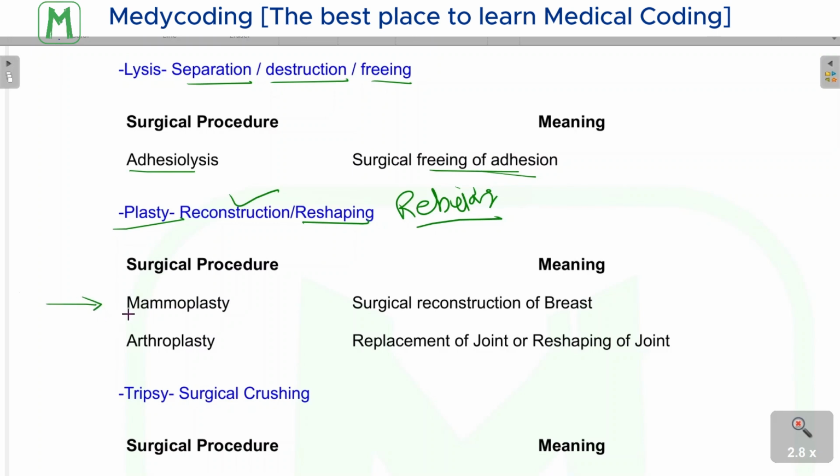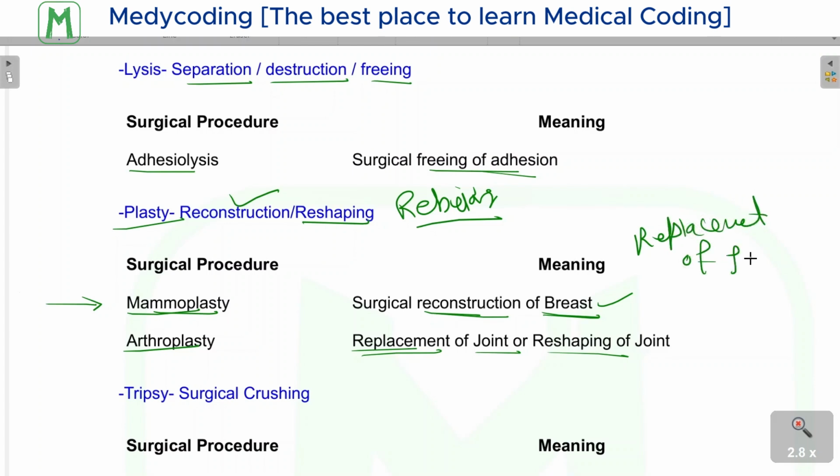So they perform mammoplasty. So mammoplasty is the reshaping of the breast. Similarly, arthroplasty is the replacement of a joint with an artificial component. So knee arthroplasty means rebuilding a knee joint by replacing the damaged natural joint with an artificial joint.